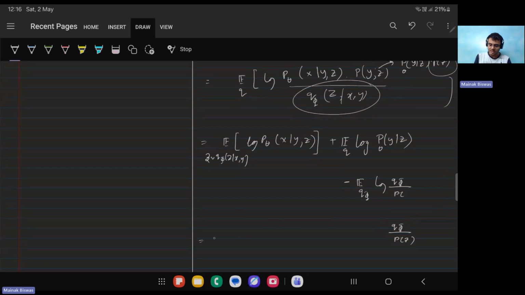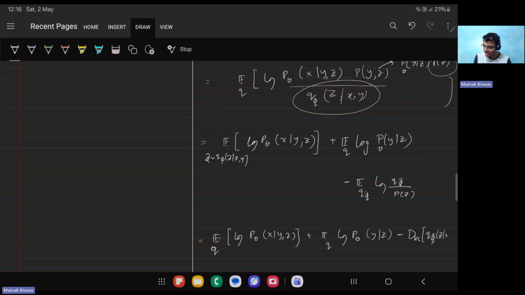Which becomes the expected value over q of log p theta of x given y comma z, plus the expected value of the classifier term, the same way I'm getting a classifier here as well, minus the KL divergence between q phi of z given x comma y and p of z.